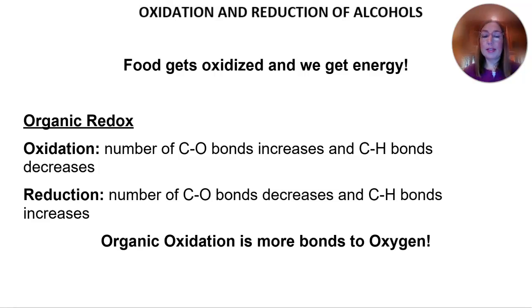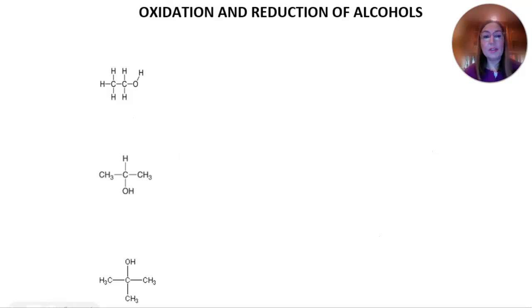But the real deal is that we're going to focus on oxidizing these alcohols. And organic oxidation is simply more bonds to oxygen. So oxidation means you end up with an increased number of bonds to oxygen, much like the term sounds. And that's really all we have to focus on.